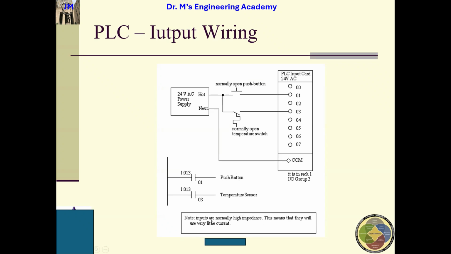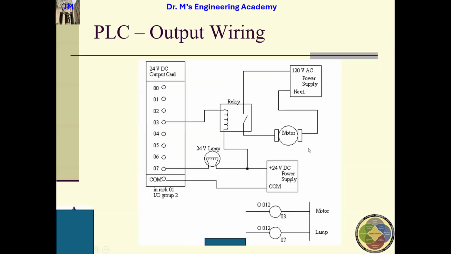So this is a note: the inputs are normally high impedance. This means that they will use very little current, so the resistance is high. Now the output: suppose this is our output card and we have two outputs. The one here is positive.